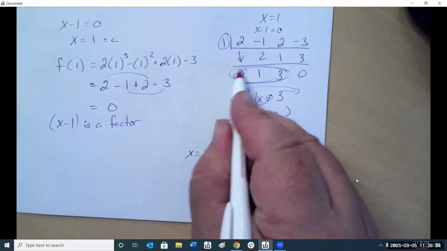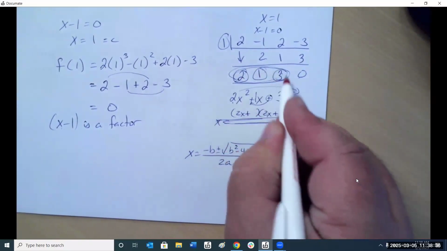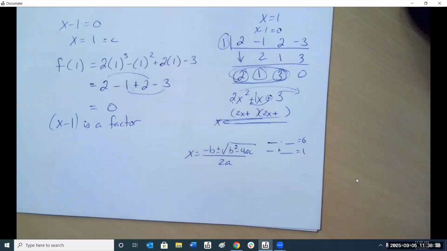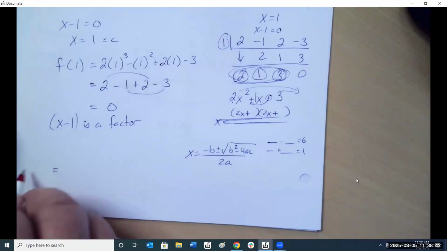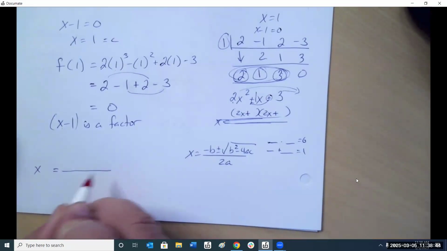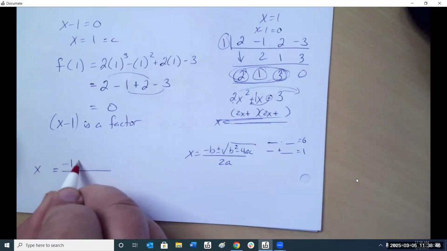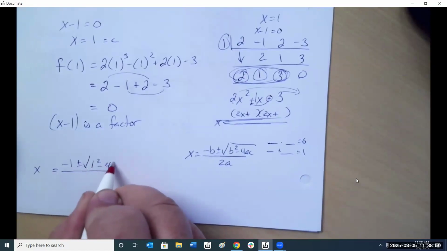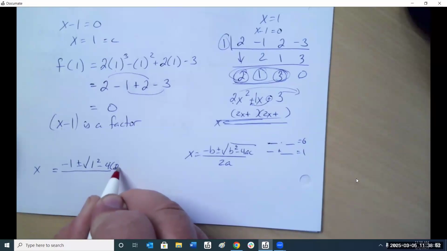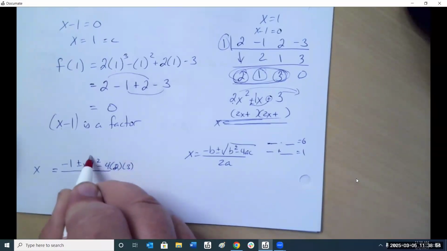Using this is A, this is B, and that's C. So we have -1 plus or minus the square root of 1 squared minus 4 times 2 times 3.